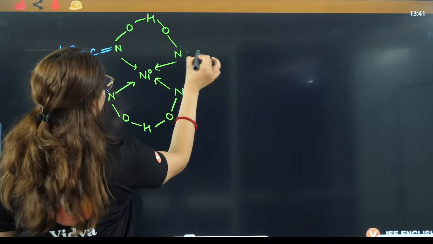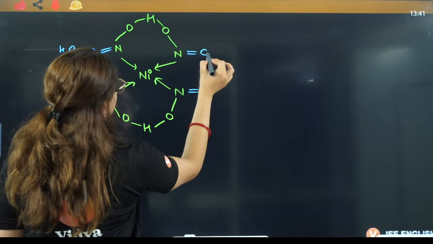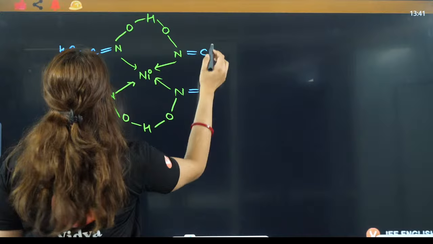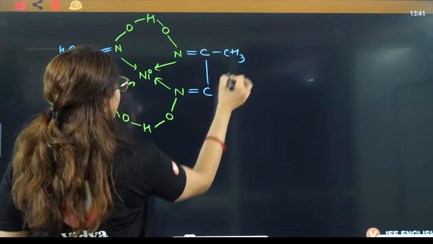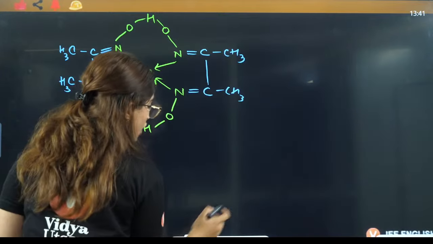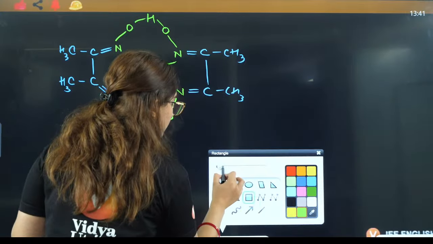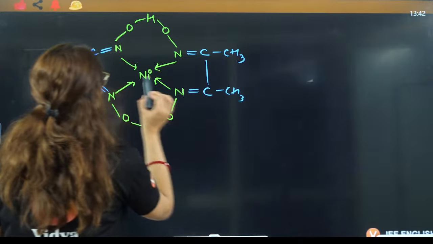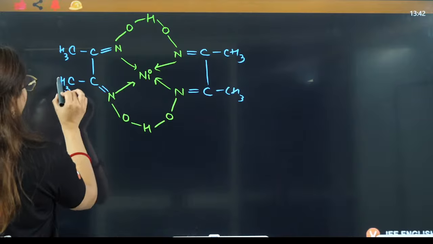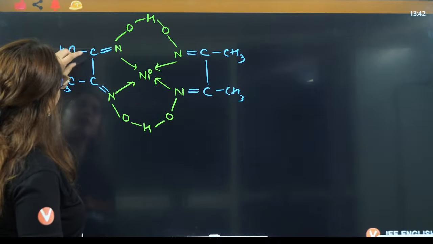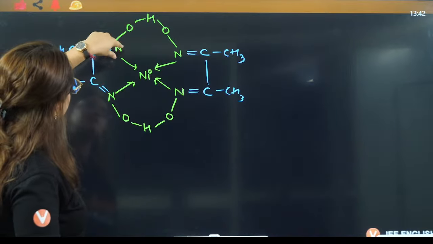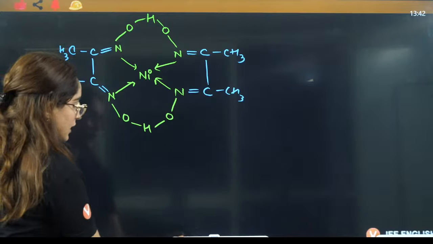Okay, double bond C, this is connected, and this is CH3 and this is CH3. So if I talk about one part here, this is actually one ligand. If you see, dimethylglyoxime. Okay, this is glyoxime, dimethylglyoxime.